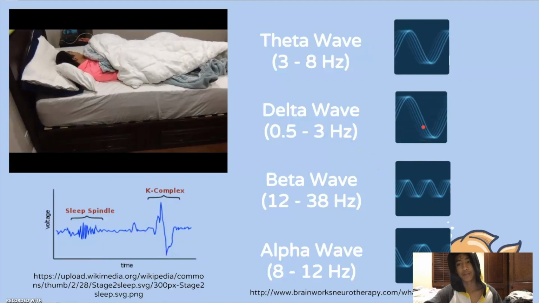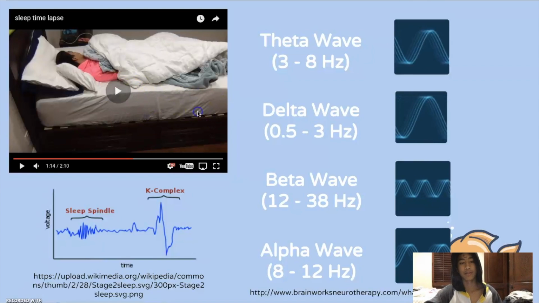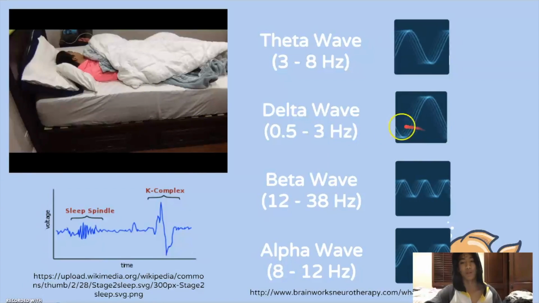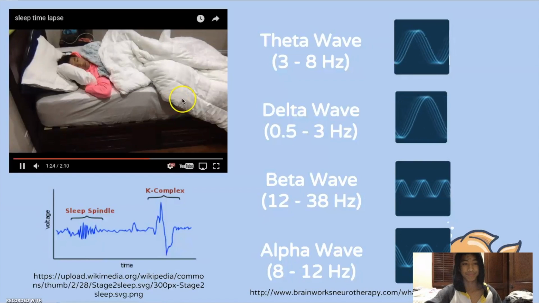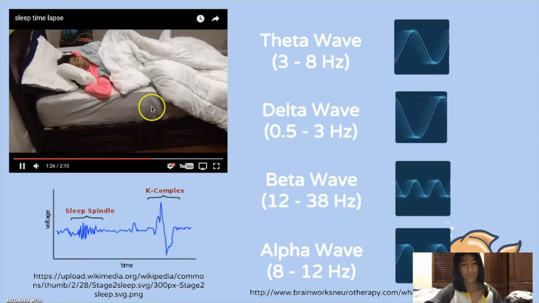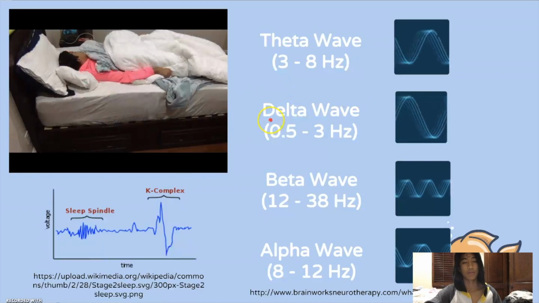This is usually when healing and regeneration occurs, because as we went over in science, a low frequency wave can travel farther distances because it doesn't run into as many things. And a fun fact about this stage: this is usually when people wet the bed or sleepwalk. I don't do that.